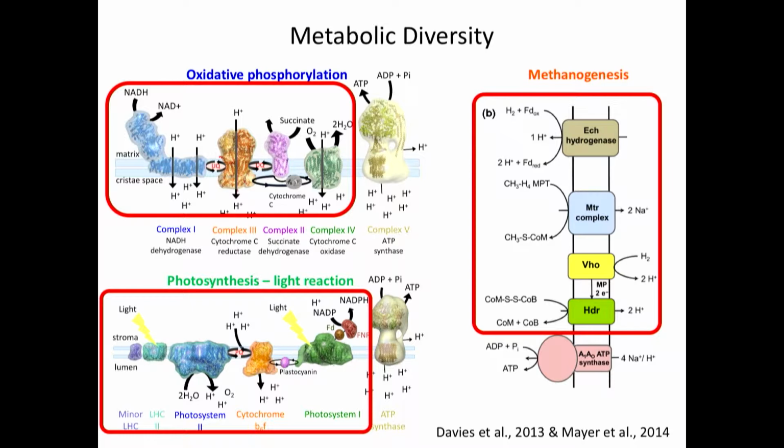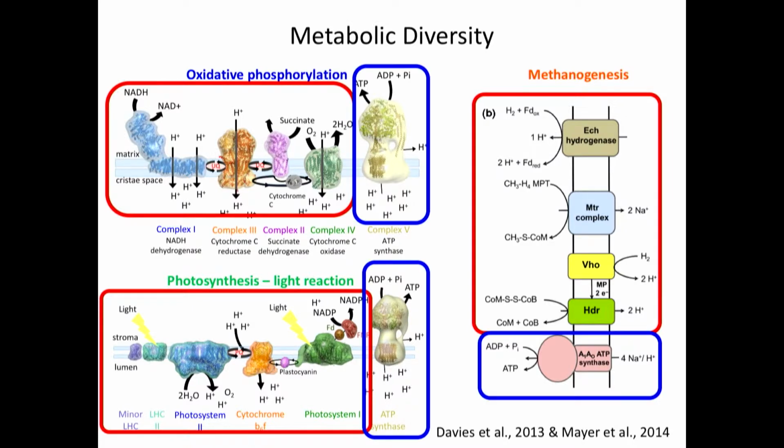The second part of the metabolic pathway is shown here in blue, and that's using the energy stored in an electrochemical gradient to drive the synthesis of this ATP molecule, the molecule that's going to give you the energy of life. And that's what we're going to be talking about today: no matter how diverse the ecosystems are, or what organisms you're looking at, they all have the same principle. They all have this ATP synthase molecule, which takes an electrochemical gradient and uses the energy in that gradient to generate ATP.